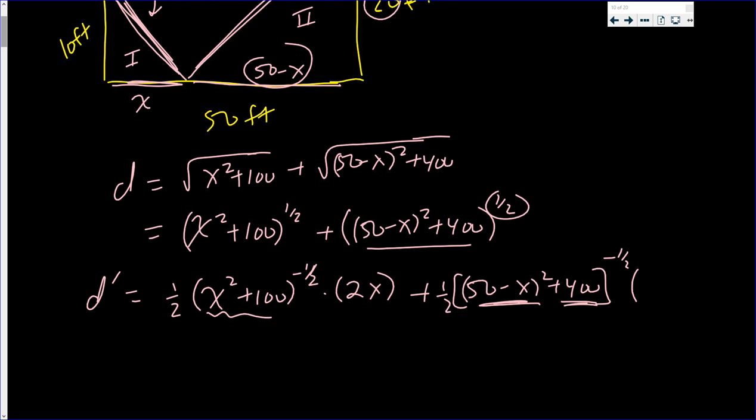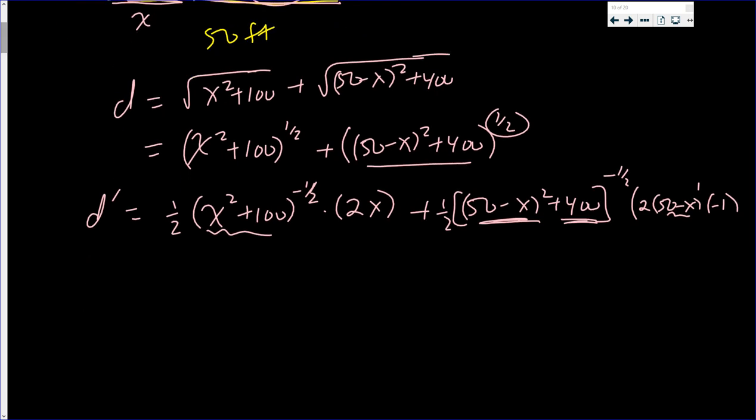Oh, something to a power again? Yep. 50 minus x, bring down the power, make the new power 1 less. Don't forget to take the derivative of what's inside. Okay. Half of 2x, or half of 2 is 1, so you just get x. And this piece, since this has a negative exponent, I'll put it in the bottom as a square root.